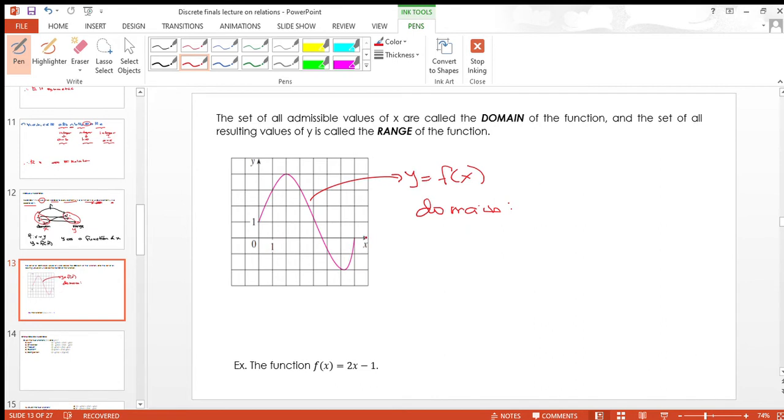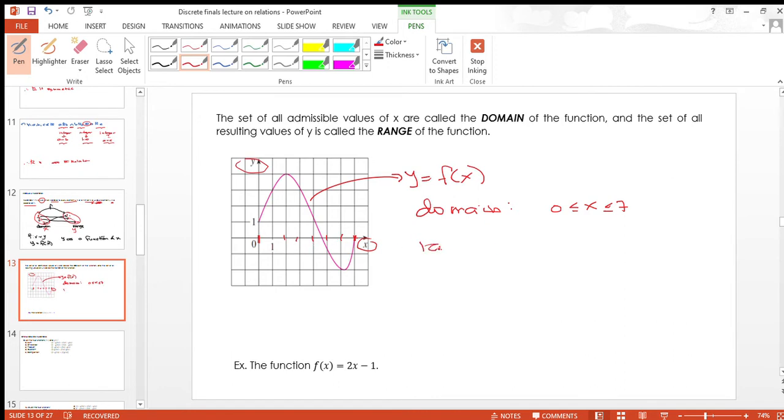We have here our x-axis and here our y-axis. We look at the range from this point up to this point, because this is the end of the curve. If this is 1 unit, then this must be 2, 3, 4, 5, 6, and 7. Therefore, our domain must be from 0 to 7. So that will be our domain.